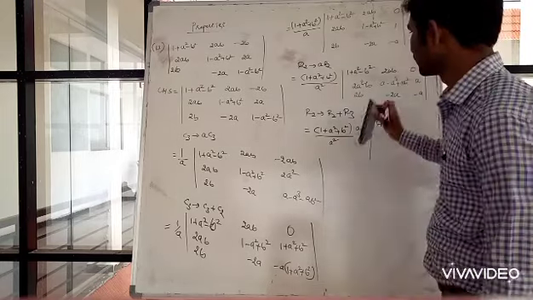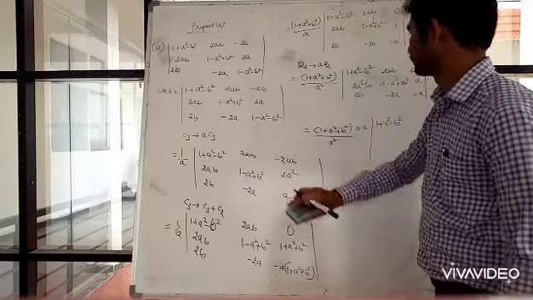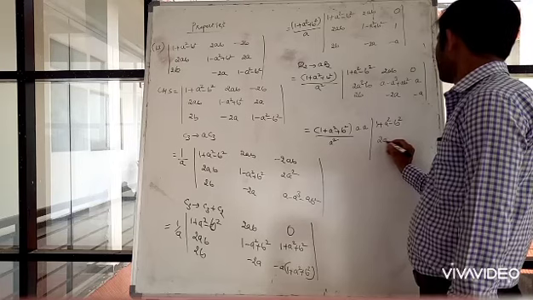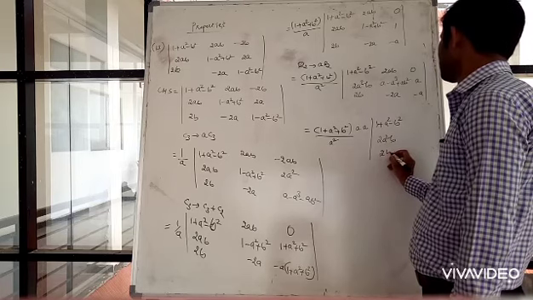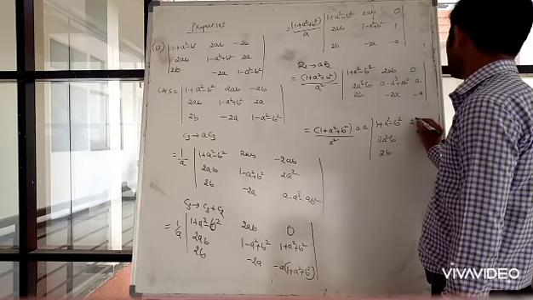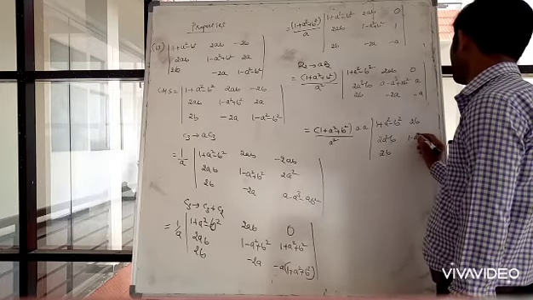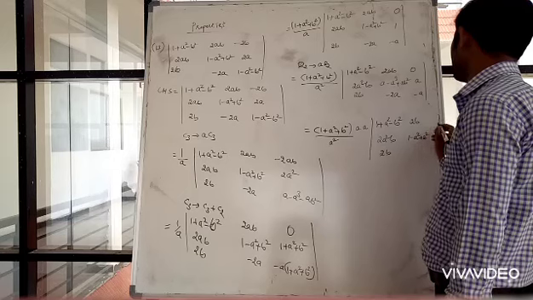Later on we can apply this operation on 2a, making it 0. 2a square b as it is, 2b as it is. From C2 we have taken a outside, 1 minus a square plus b square will remain.